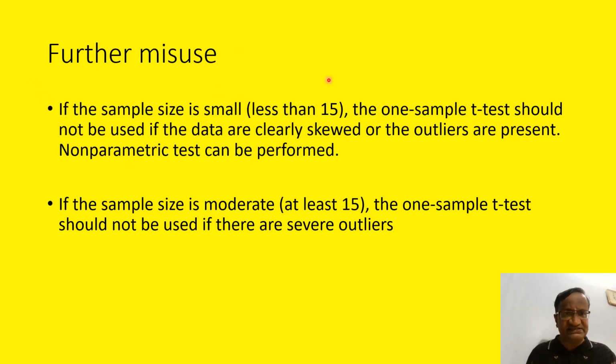Further misuse of t-test. If the sample size is small, the one sample test should not be used. Outlier means, I think, values outside 2 standard deviations. If there are so many samples outside 2 standard deviations, then we cannot use this.